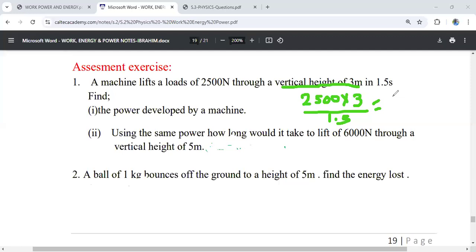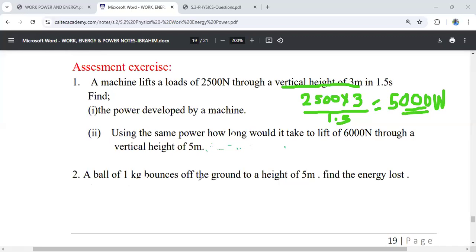So you realize that you will have your answer as 5,000. And that 5,000 is in watts, because they are asking us for power. Then they have told us that if we use the same power, how long will it take for us to lift 600 newtons through a vertical height of 5 meters?